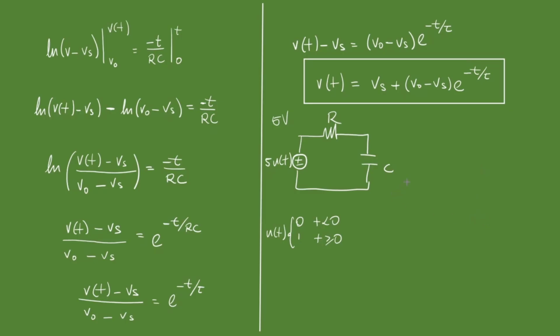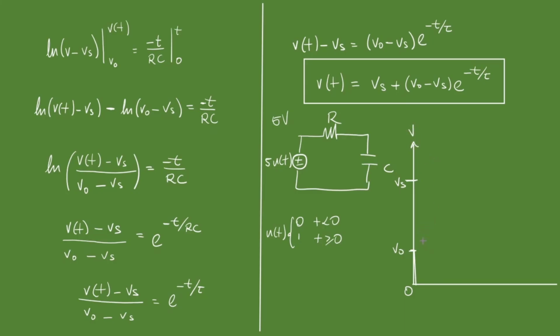So if we were to look at this graphically, you end up with something that looks like, plotting the behavior over time. Let's call this V0. And let's call this Vs. Okay, t equals 0, voltage.